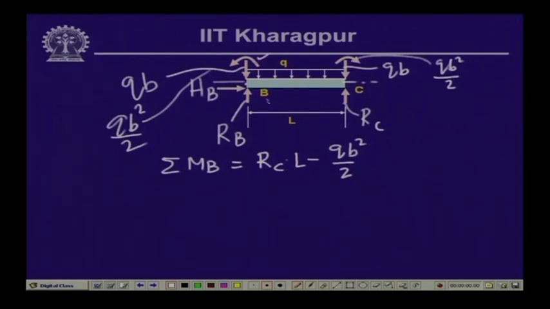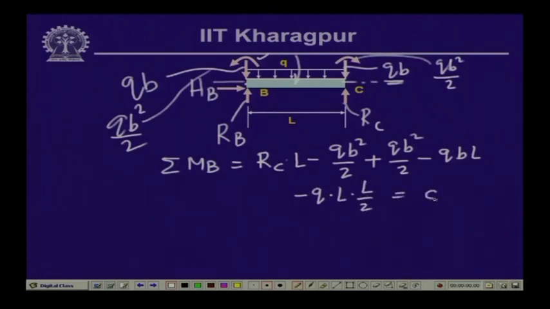Then we have this moment which is anticlockwise, which is plus q b square by 2. Then the force from the overhang, which is q b, is going to cause a clockwise moment, so this is minus q times b times L, and we have the uniformly distributed load, which is again causing a clockwise moment, so that is minus q times L times L by 2. So, this is equal to 0.